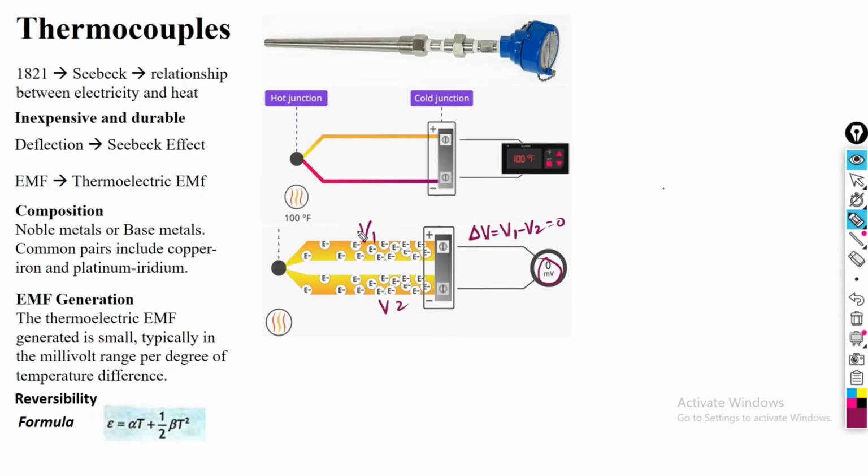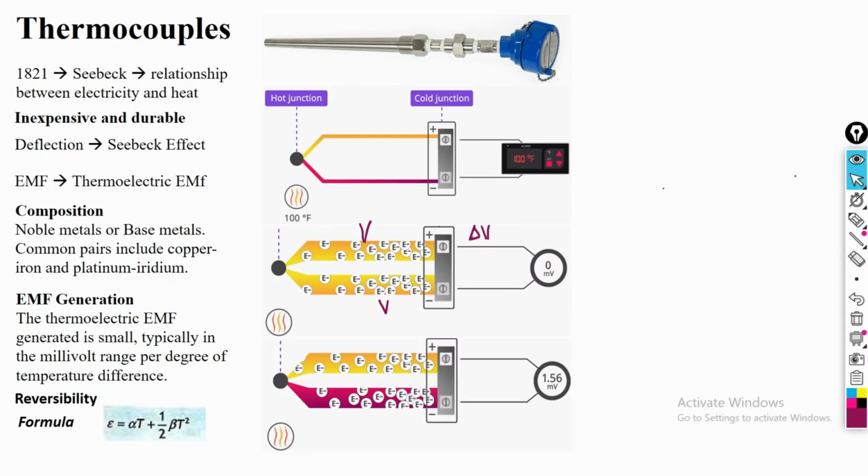If we consider both of the same nature, let's say this is copper and this is also copper, then the motion of the free electrons will be the same, due to which the same potential will appear in these two, the potential difference between them will be 0, and there will be zero deflection.